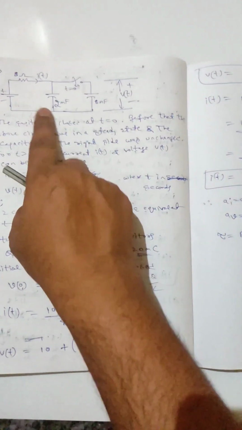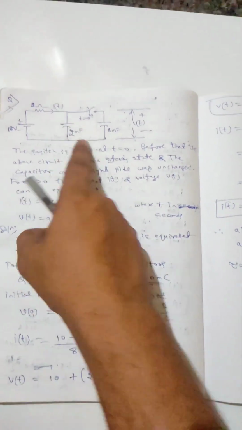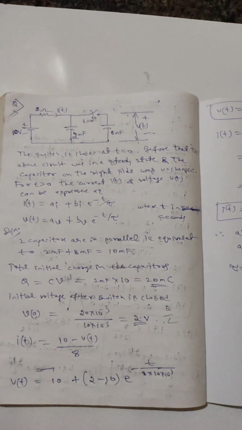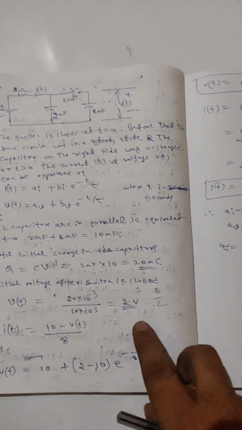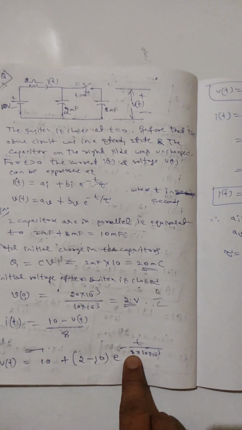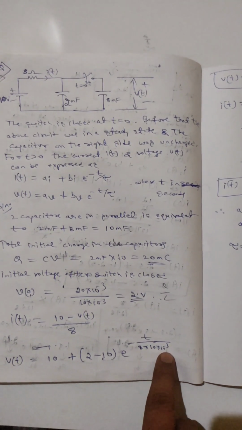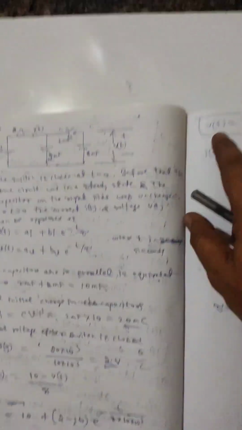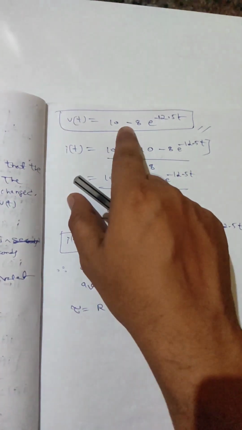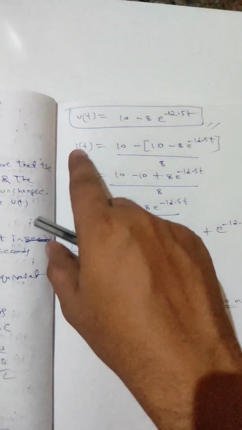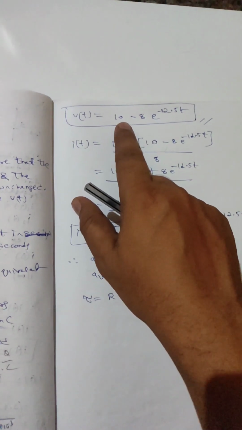The initial voltage is 2, the final voltage will be 10 only. What is tau in this circuit? R into C. Whenever there is an inductor, tau is L by R, but here tau is RC only. R is 8 ohm, and the equivalent capacitance is 10 millifarads. So we get V of t equals 10 minus 8 e power minus 12.5 t. This is the actual V of t equation.